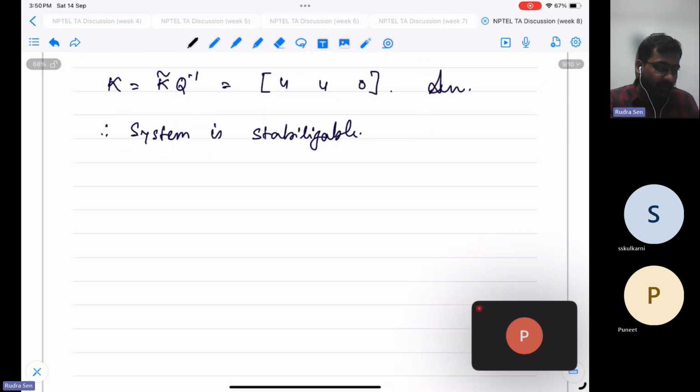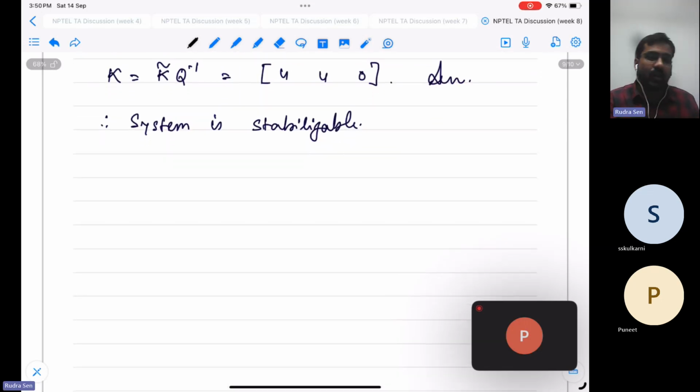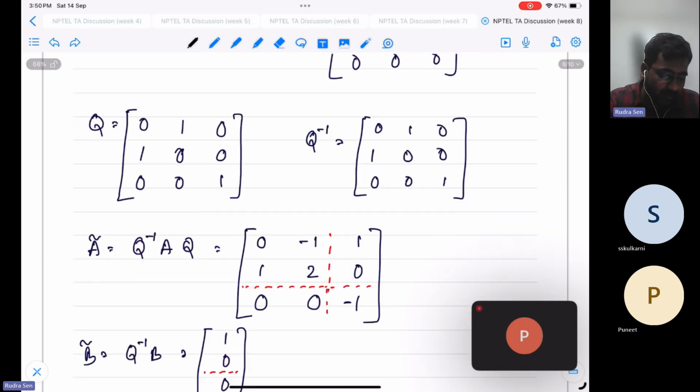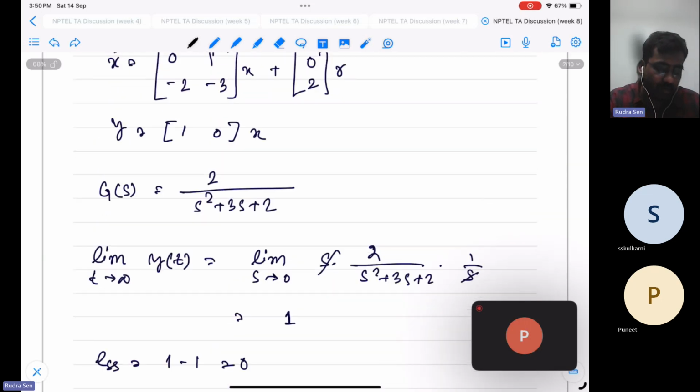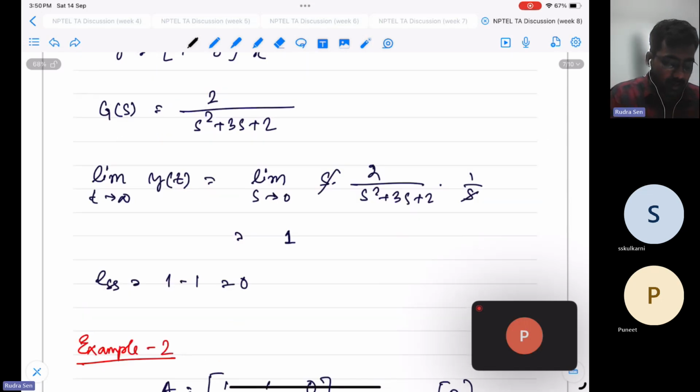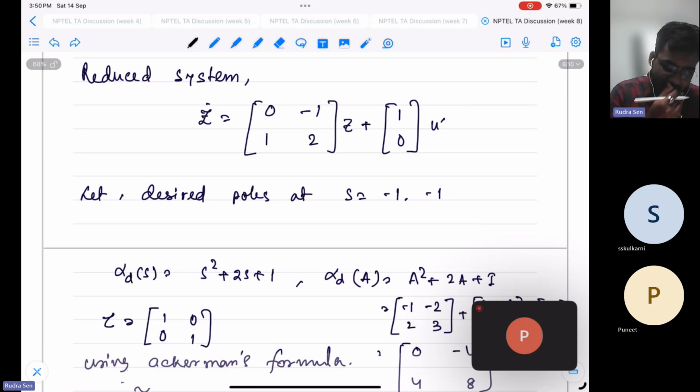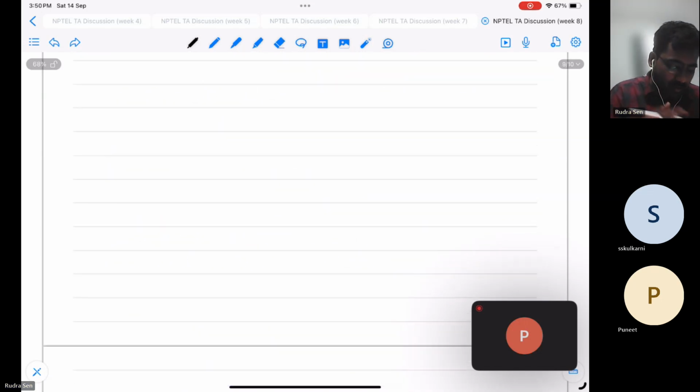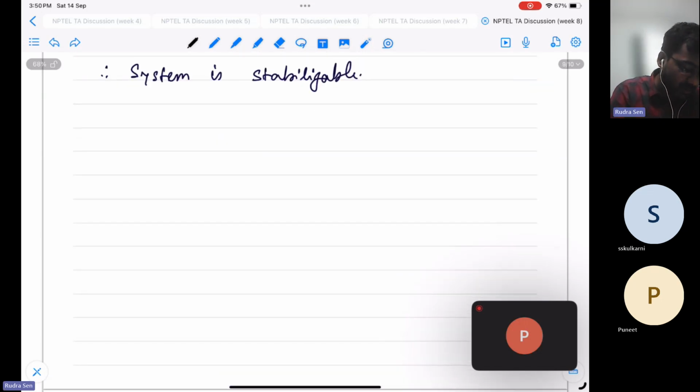The next segment is: we have already designed that M matrix, we have already designed this M matrix to reduce the steady state error, right? Now instead of this M matrix, we can use the integrator.